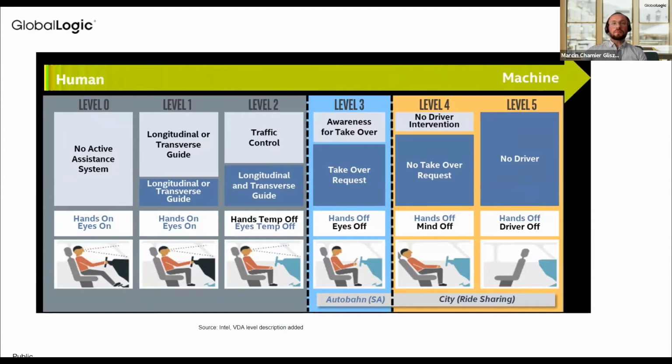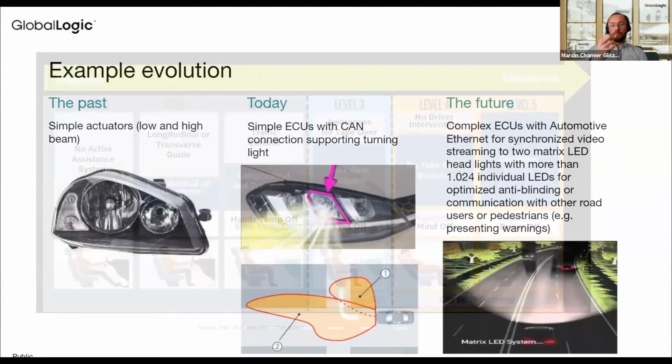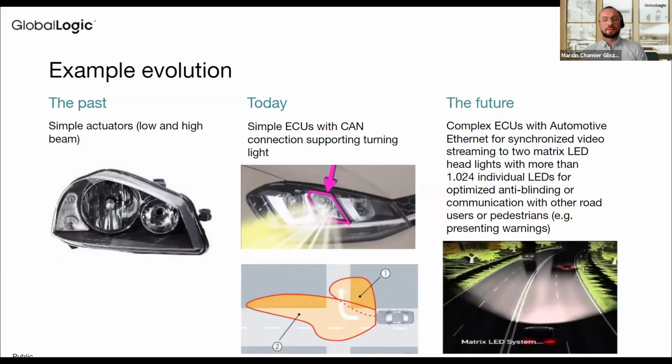So as an example of how this goes, I prepared an example of the car lights. In the past, we had a simple light which was turned on or off on our demand.